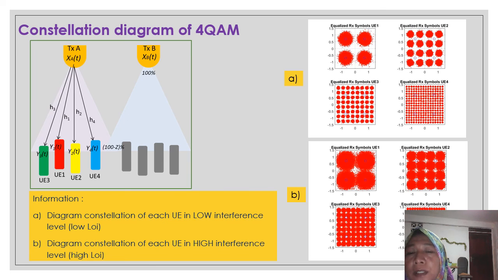So only 4 points can be seen here in the diagram.